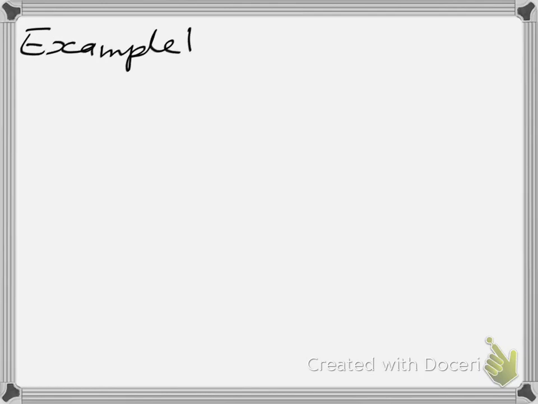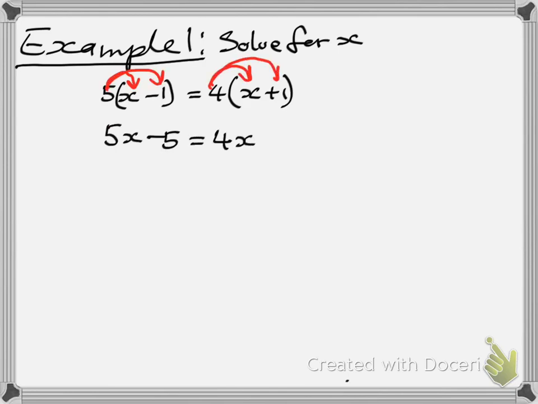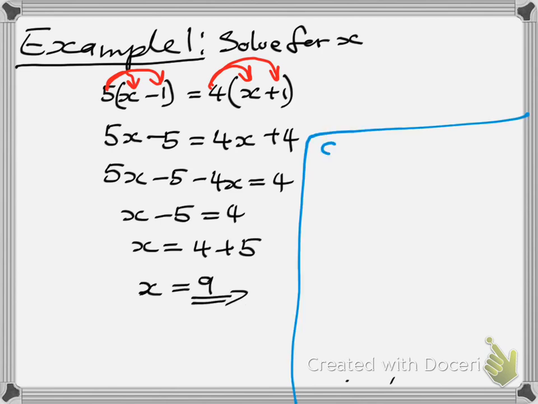If you're given such a sum, what you need to do is remove the brackets using the distributive law of multiplication into the brackets. Then you subtract 4x from both sides, then you add 5 to both sides. Your x will be equal to 9.